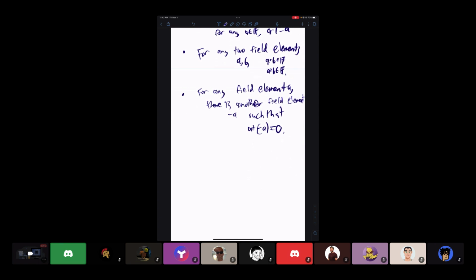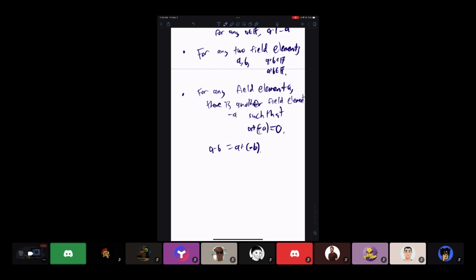So once the field has this property, you could define subtraction via addition to say that A minus B equals A plus minus B.